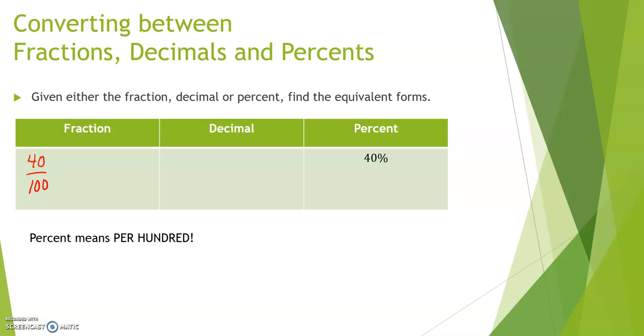We do need to reduce that fraction. It's 4 over 10, which is 2/5. From 4/10, we can write the decimal, 0.40.